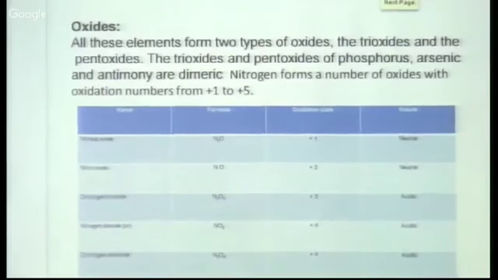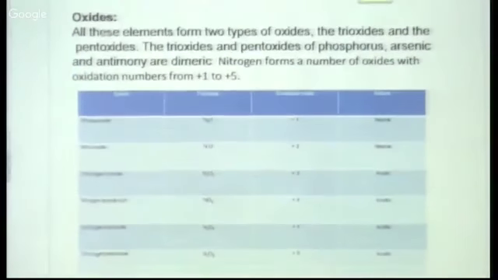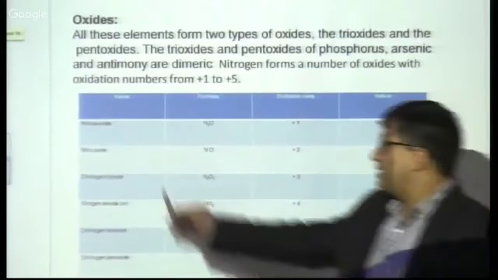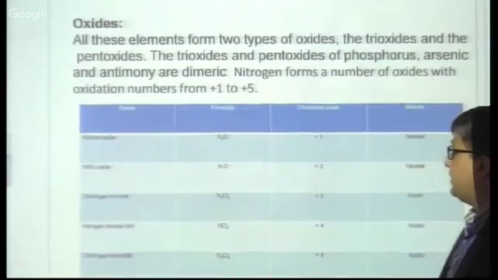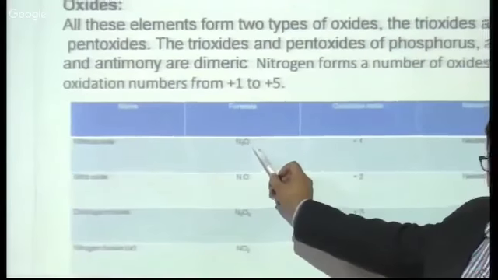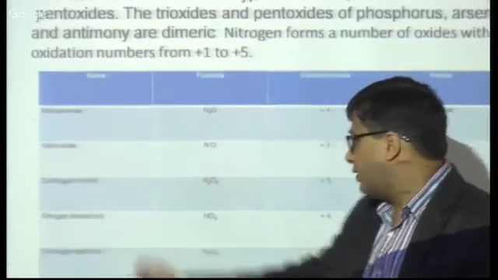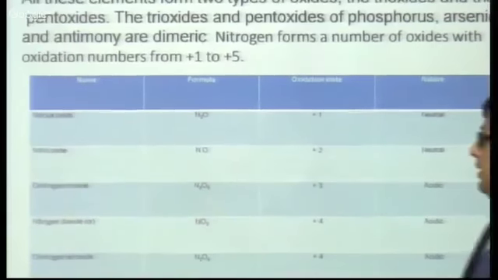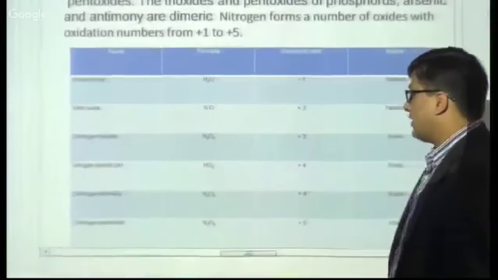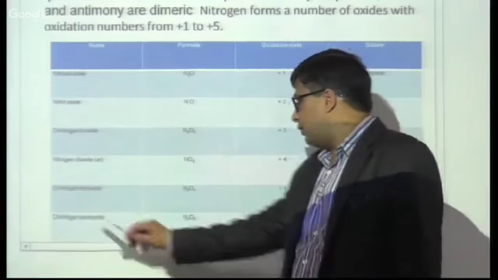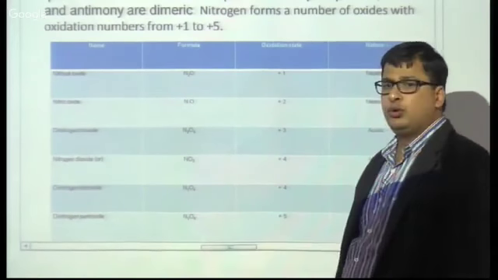Oxides of nitrogen as well as oxides of phosphorus are very common. Nitrogen forms first the oxide nitrous oxide, N2O, nitric oxide, NO, dinitrogen trioxide, N2O3, nitrogen dioxide, NO2, dinitrogen tetraoxide, N2O4, and dinitrogen pentaoxide, N2O5.